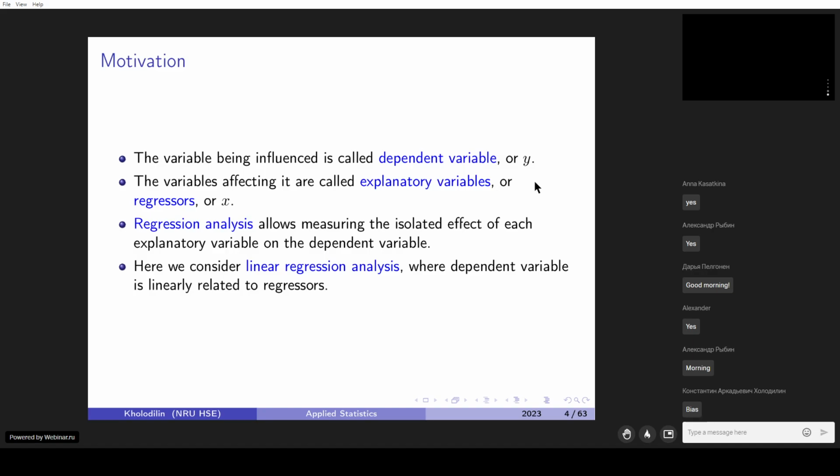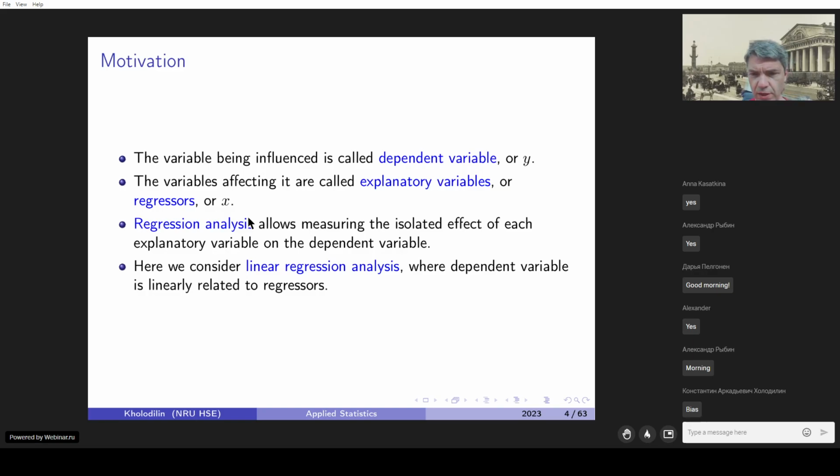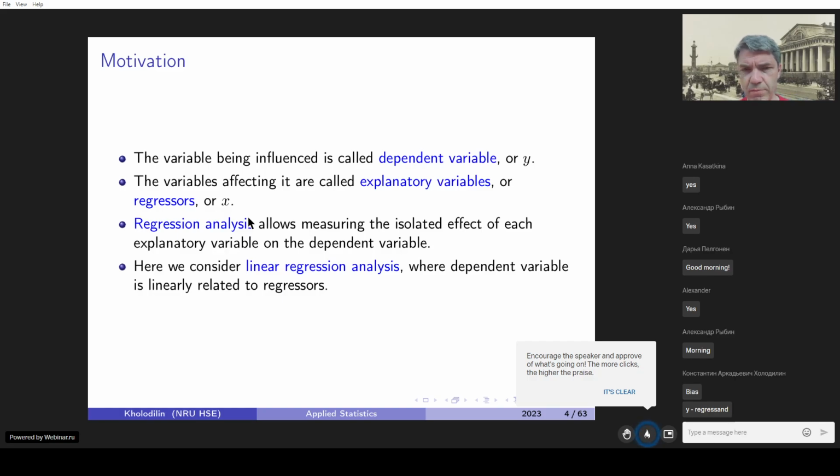By the way, y is sometimes denoted as regressand, so something which is being dependent on regressors. Sometimes some people use, instead of explanatory variables, they denote x as independent variables.